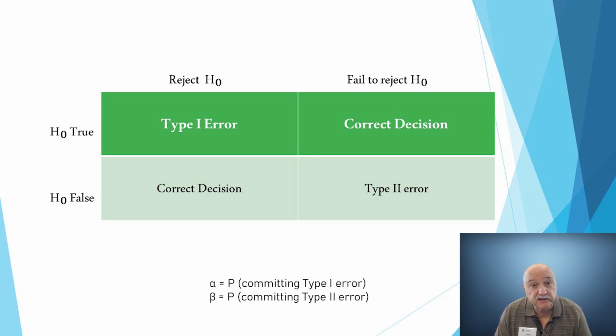If the null hypothesis is false and we reject it, again, that's a correct decision. However, if the null hypothesis is false and we fail to reject it, we've committed a type 2 error. We're going to let alpha be the probability of committing a type 1 error and beta be the probability of committing a type 2 error.